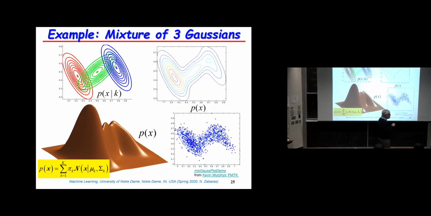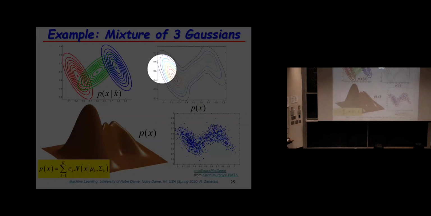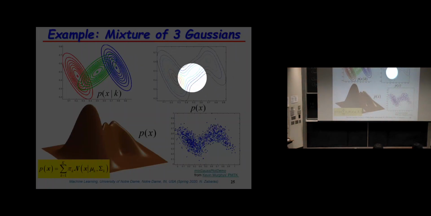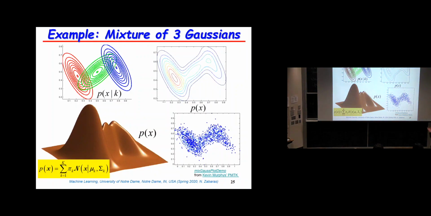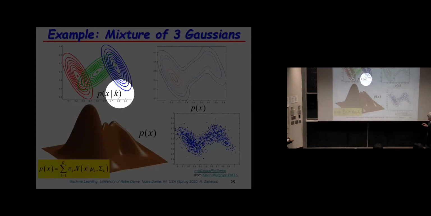These are the contours now of P of x, where the Gaussian, the K, has been integrated out. I don't tell you where each data point in here is coming from. Obviously, you can maybe guess these 3 Gaussians, but you don't see them because the conditioning on K is not here anymore. It's P of x, it's a marginal.